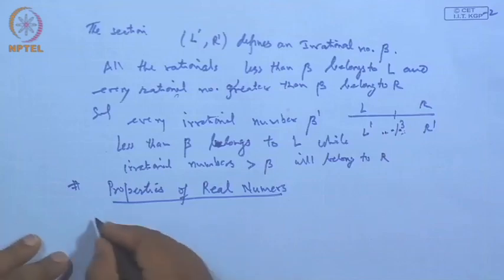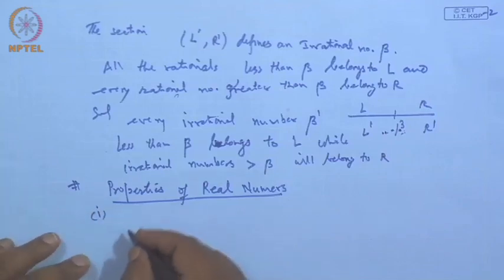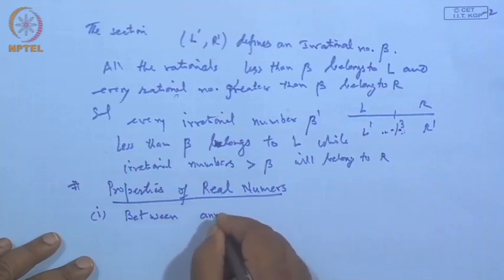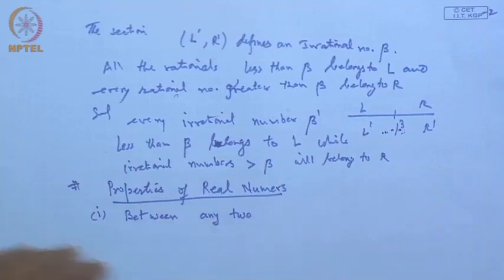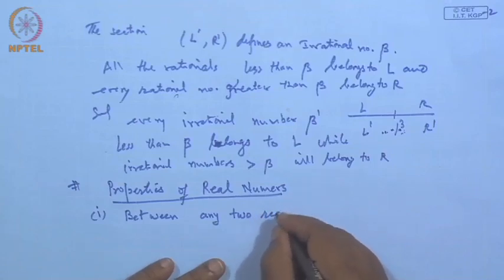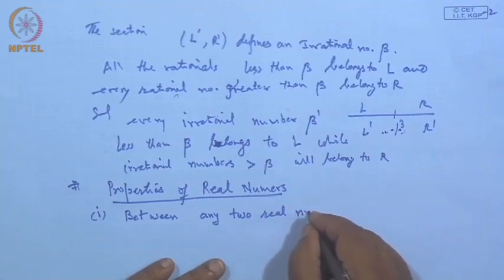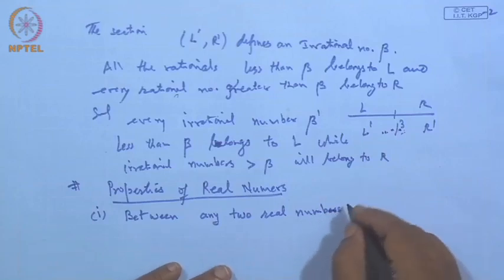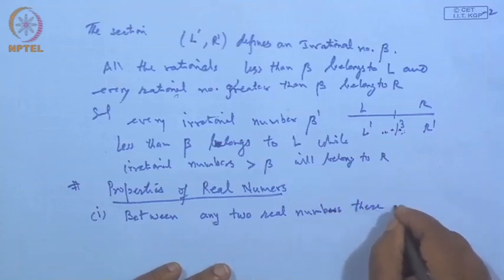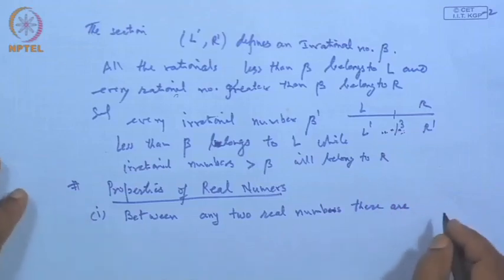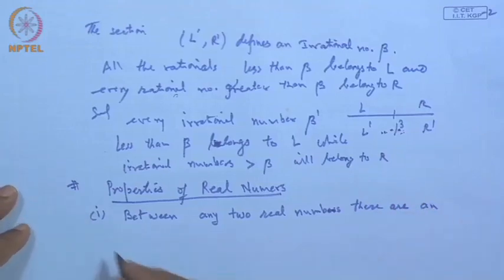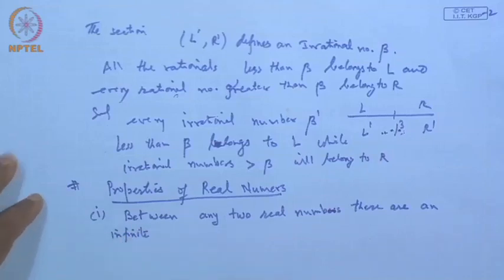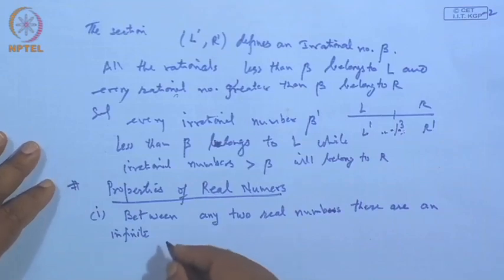The first property is, between any two real numbers, there are an infinite number of rational numbers.